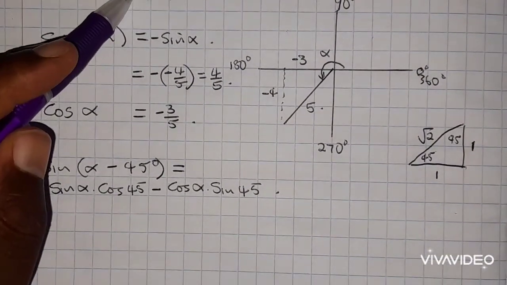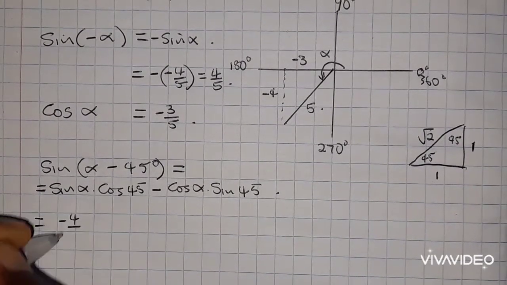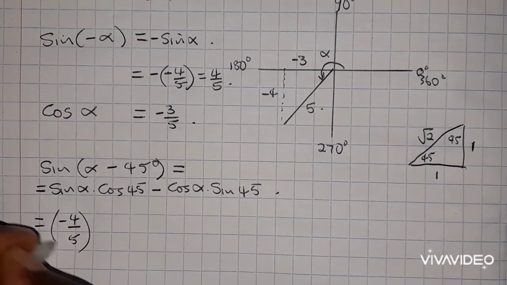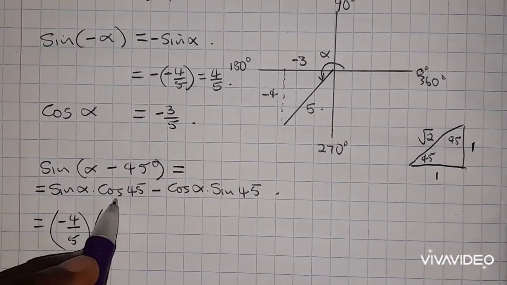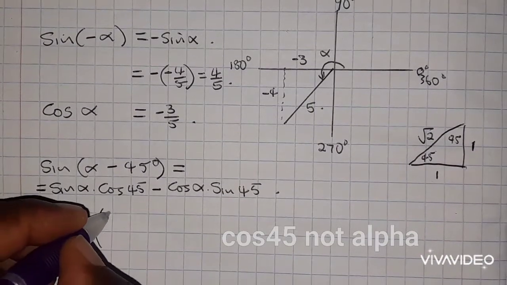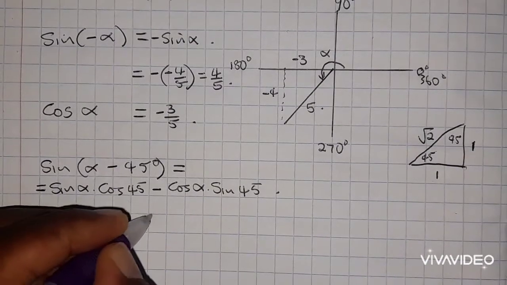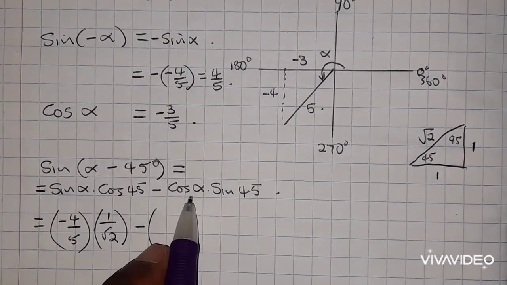Now from our diagram, we saw that sine alpha is negative 4 over 5 multiplied by cos 45. We can get it from this diagram. It's adjacent over hypotenuse, that's 1 over root 2, and this is minus cos alpha.